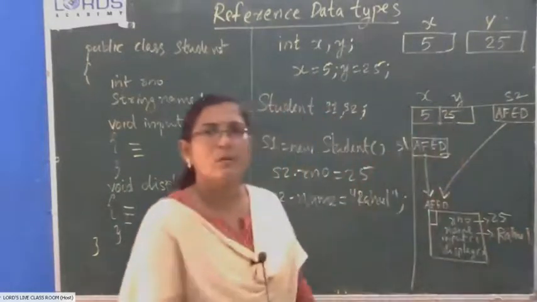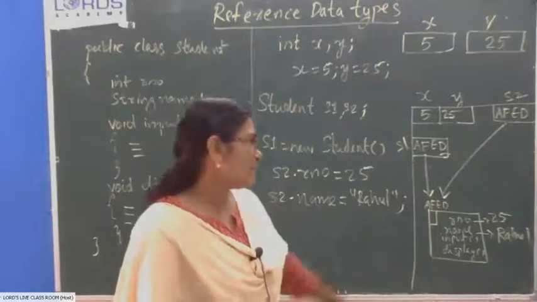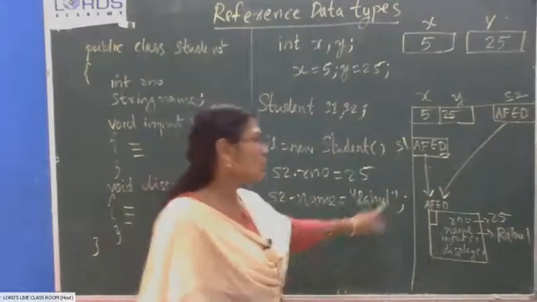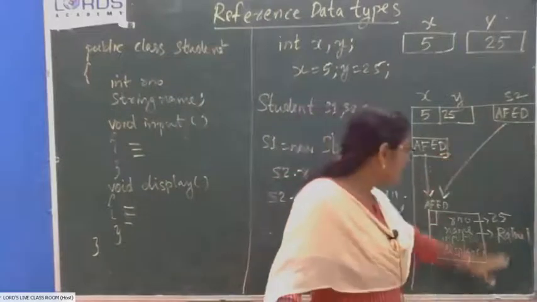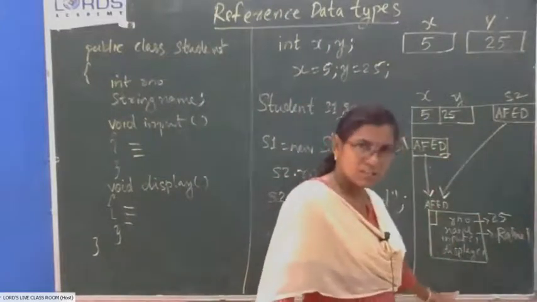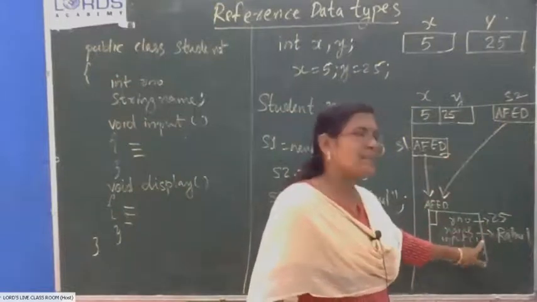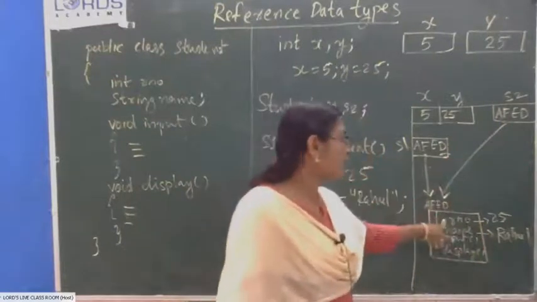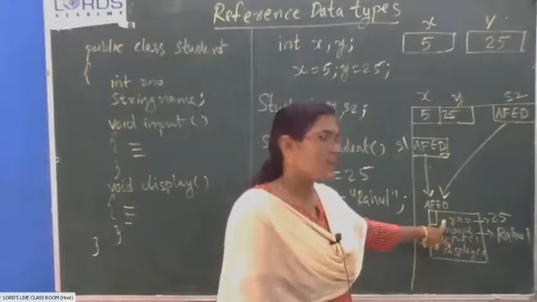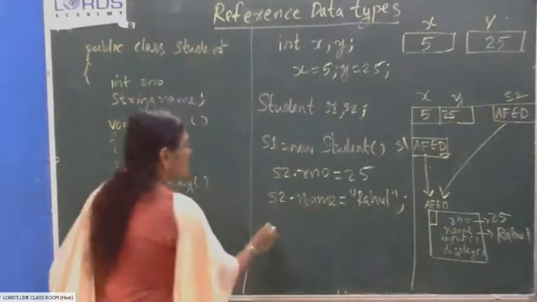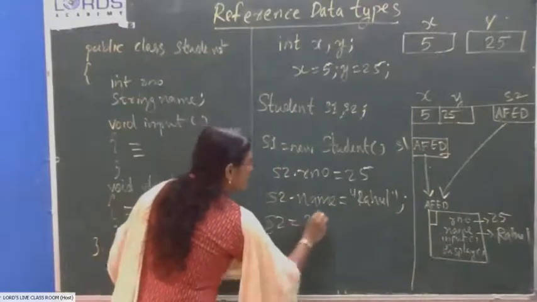Okay, Rahul. Is it clear? So, there are two variables which are pointing to the same object. Both of these variables can make changes in the state of this object. By using S2, we can make changes in roll number and name, and by using S1 also we can make changes in roll number and name. So what is copied actually when you give an assignment statement like S2 equal to S1?